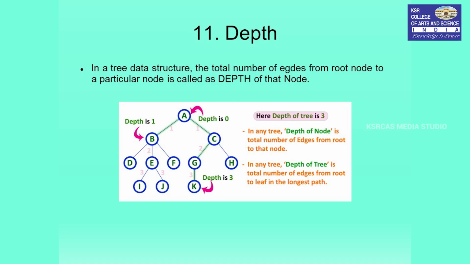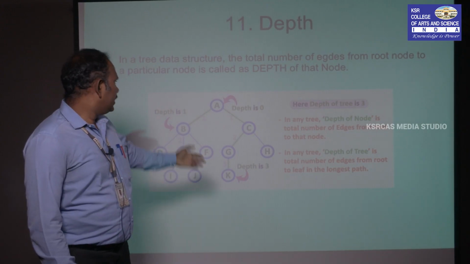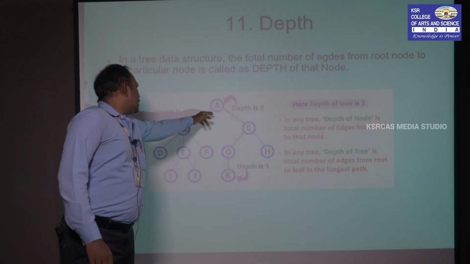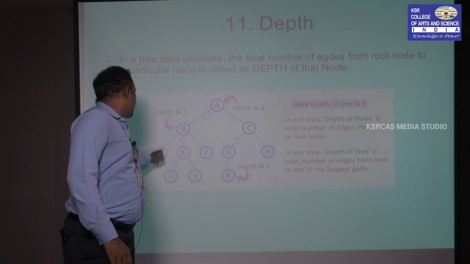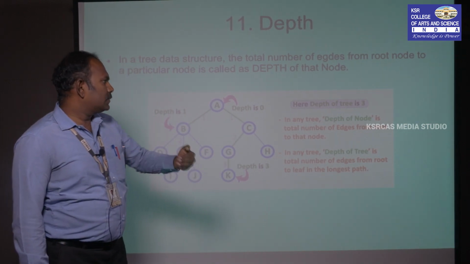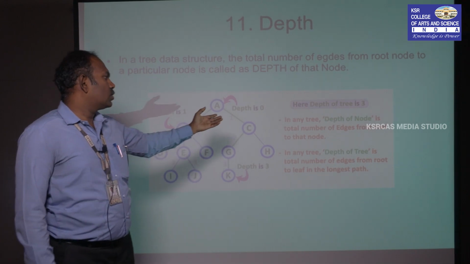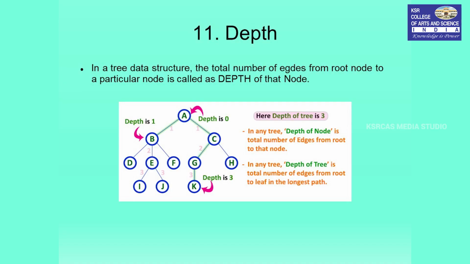Path. What is a path? The total number of edges from the root node to a particular node is called the path. Here the path goes A, then B and C, and D. In any tree, the depth of a node is the total number of edges from the root to that node.